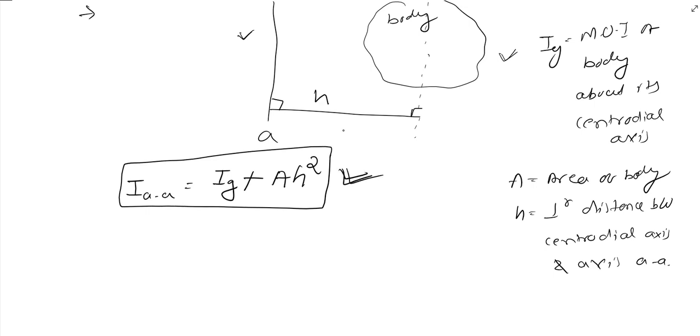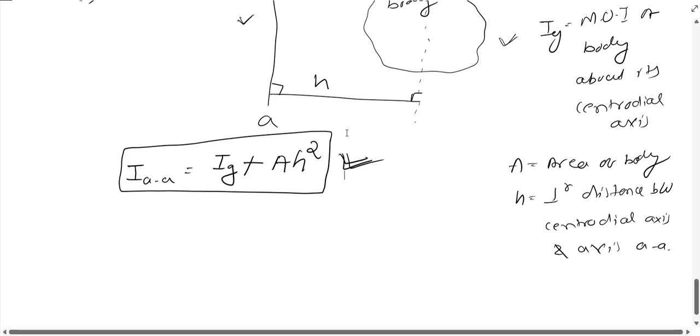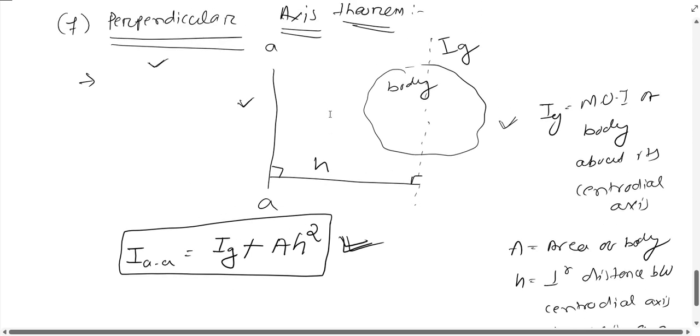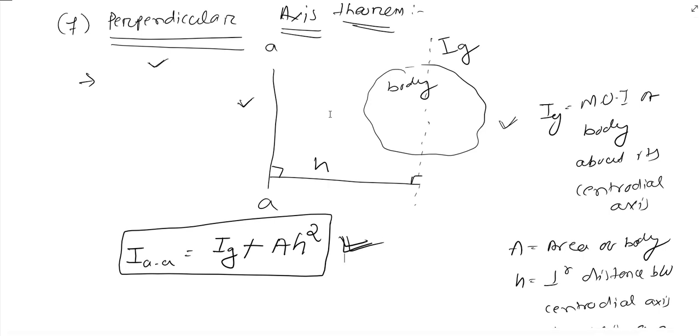So this is nothing but the perpendicular axis theorem: IAA equals IG plus AH square. Always remember this theorem; we use it to calculate the moment of inertia about any axis parallel to the central axis, or about any axis external to the body or anywhere in the body also.